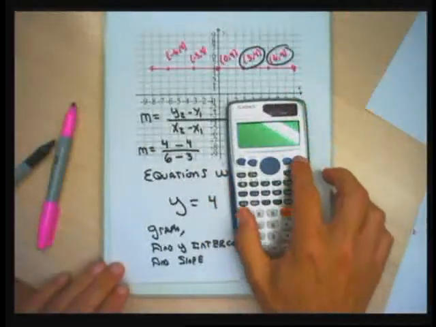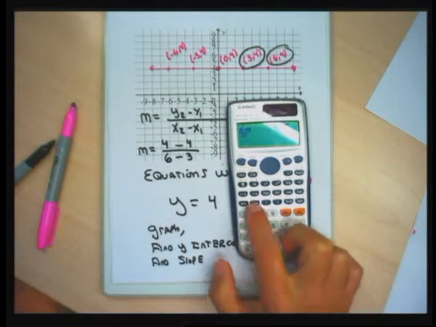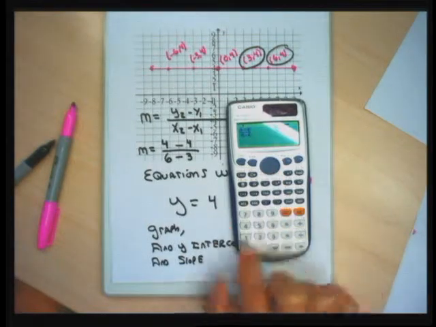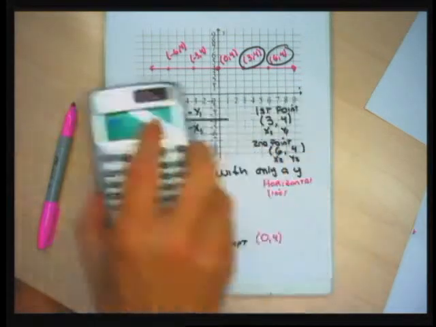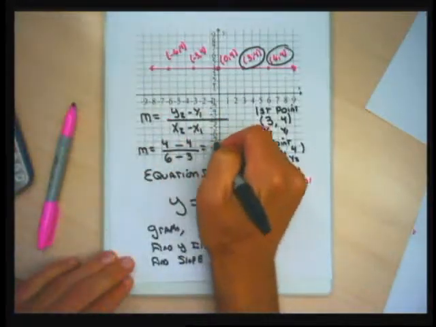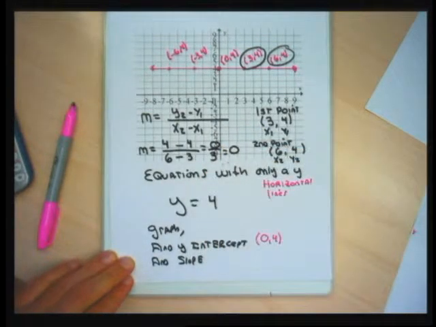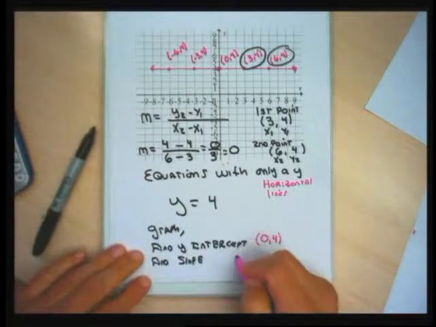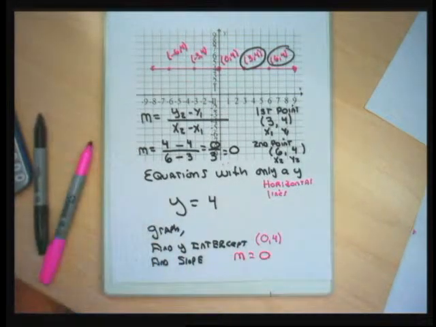With my calculator is probably safer, so I can go 4 minus 4 over 6 minus 3. And when I do that, I get 0, because this is really 0 over 3, and any fraction with a 0 in the numerator is equal to 0. So the slope of this line is 0.